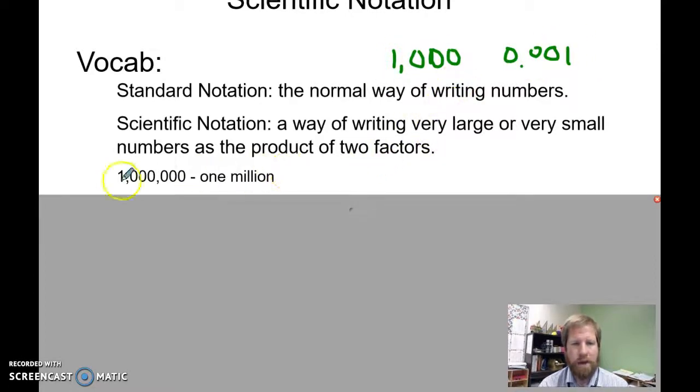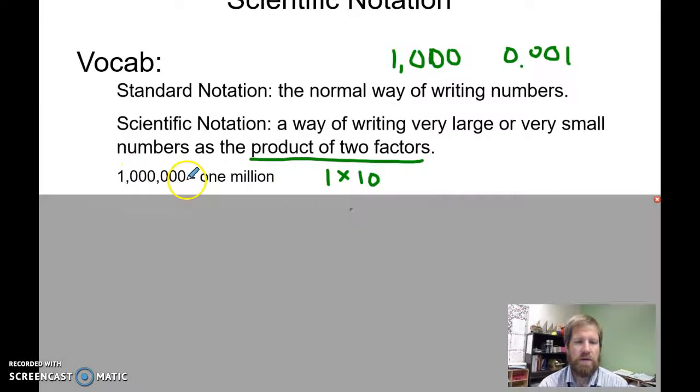So 1 million isn't that big, but we can turn it into scientific notation. We make it the product of two factors. In this case, one of the factors is the 1, and then the other factor is going to be 10 raised to a power. That power is going to be however many zeros I have.